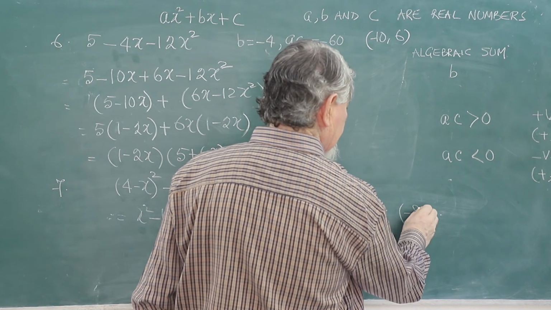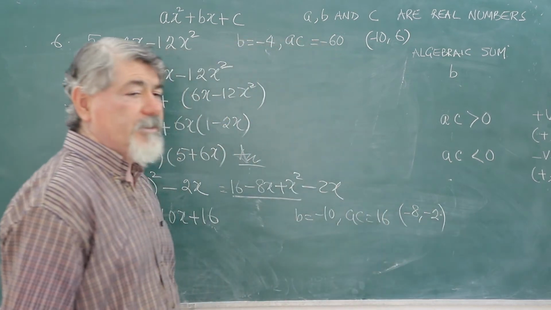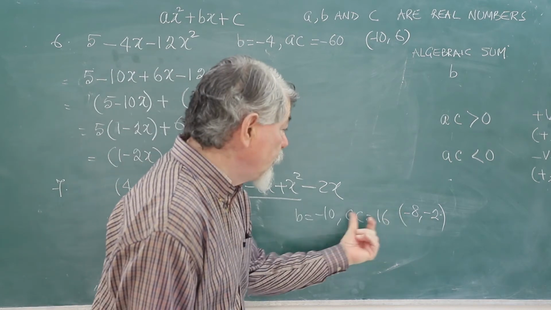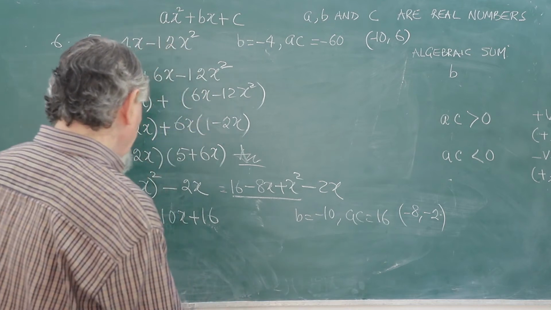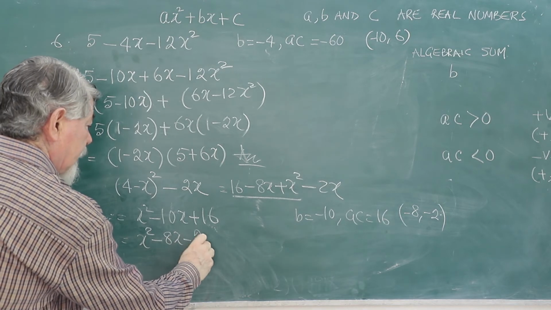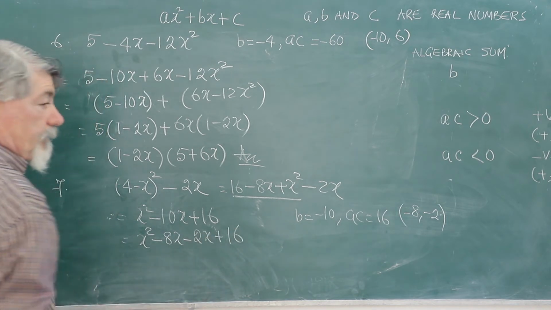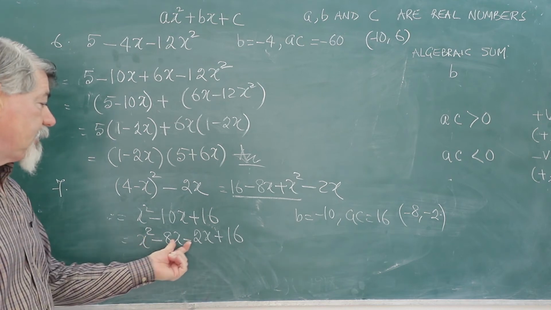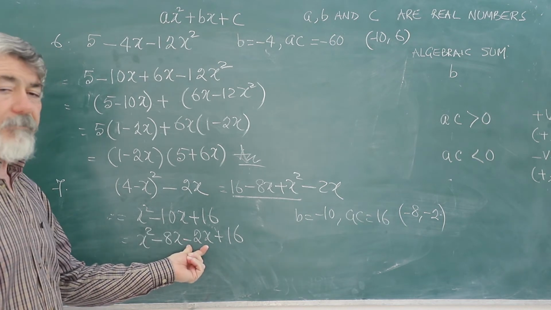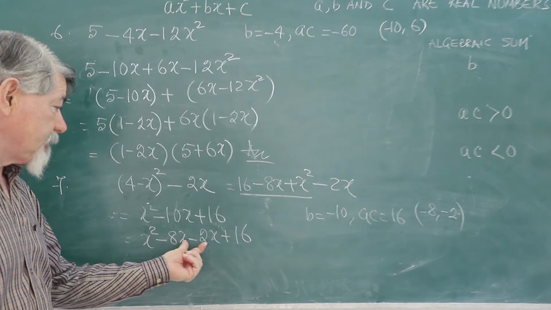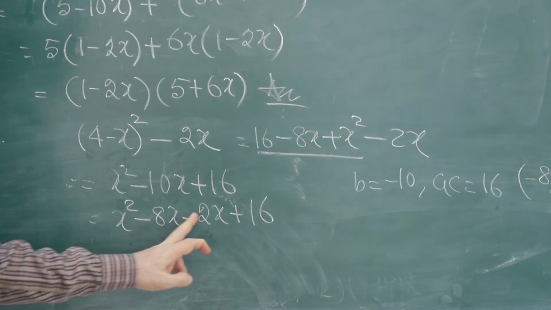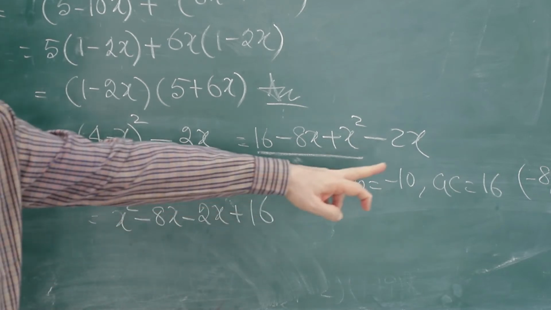Minus 8 minus 2 will give you minus 10, and when you multiply minus 8 into minus 2, you get plus 16. So it will be x square minus 8x minus 2x plus 16. I have split minus 10x as minus 8x minus 2x, and minus 8 into minus 2 gives plus 16, which is AC.